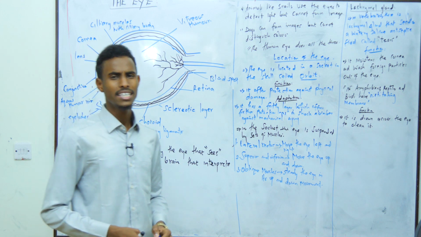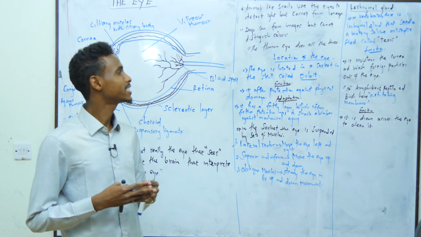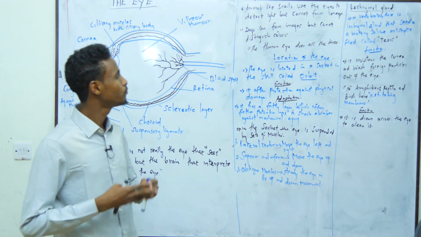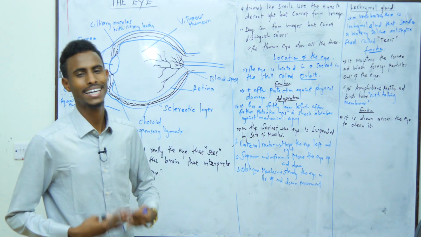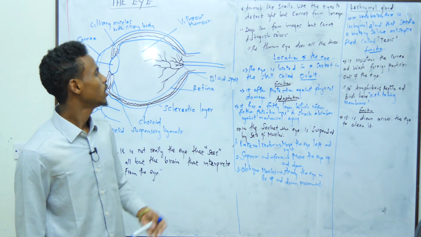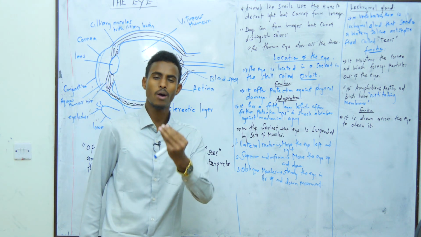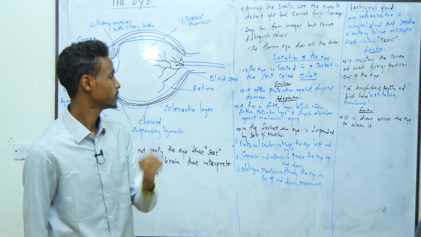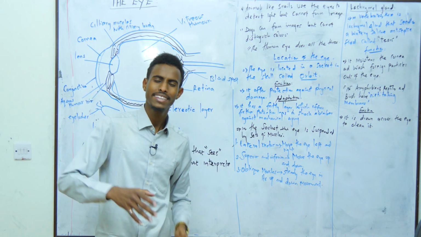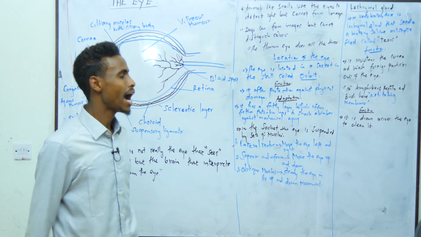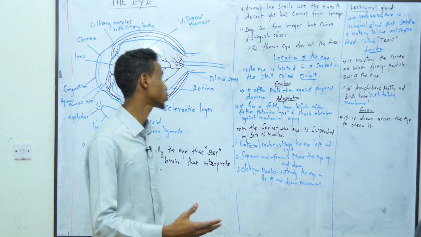Tears are a watery antiseptic saline fluid secreted by the lacrimal gland of the eye. Basically, it is found in vertebrates specifically. What is the function of these tears? The tears moisten the cornea and wash foreign particles out of the eye.